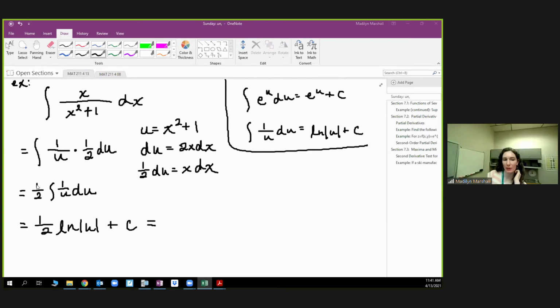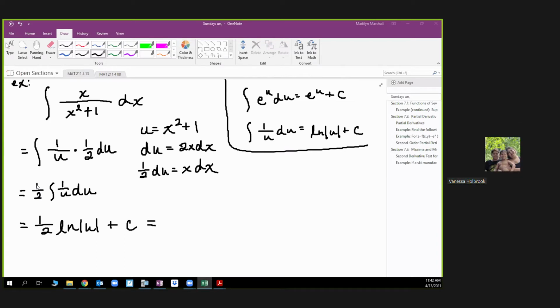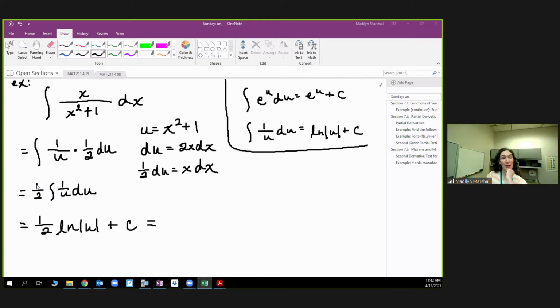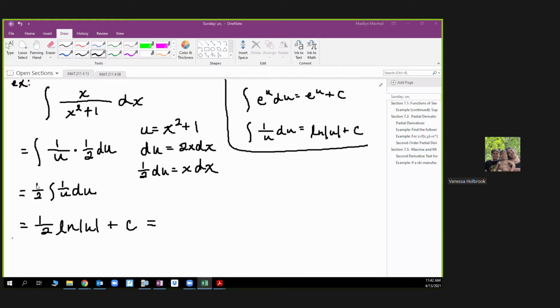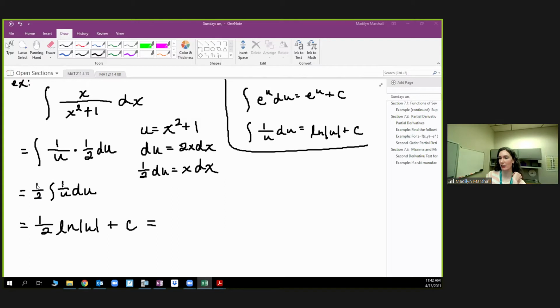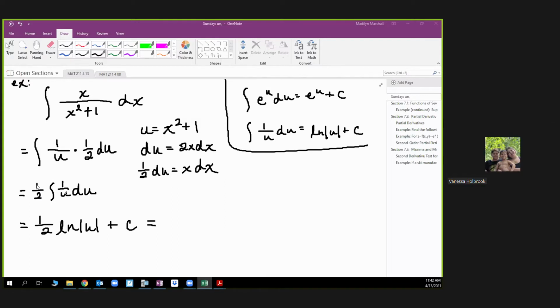So our original problem was, oh, so 1/2, is it 1/2 over 2u? 1/2u? That would be going backwards. Oh, so we're done with the integration. The integral step was to change the 1/u to ln absolute value of u plus c.